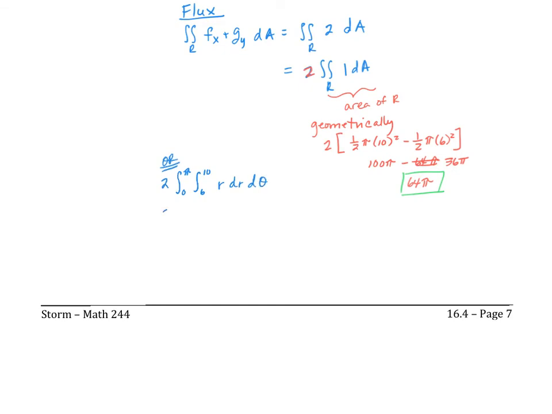And I could see that this is going to be r squared over 2. In fact, why don't I just cancel the 2 on the outside and the 2 inside the integrand? That's going to be just d theta. Oops, forgot to go from 6 to 10.